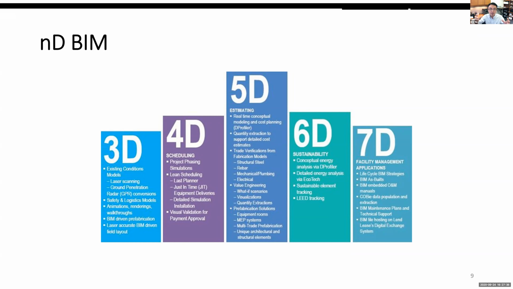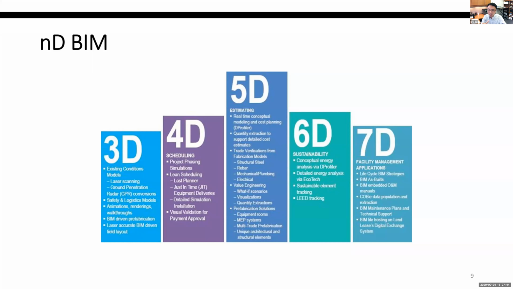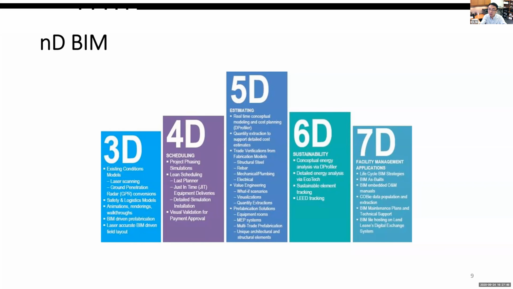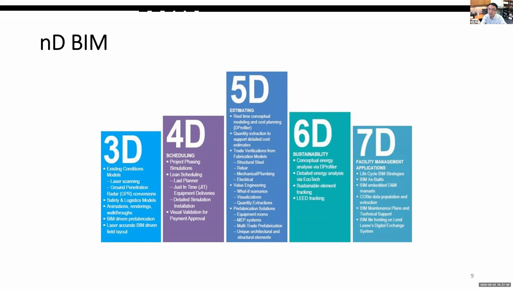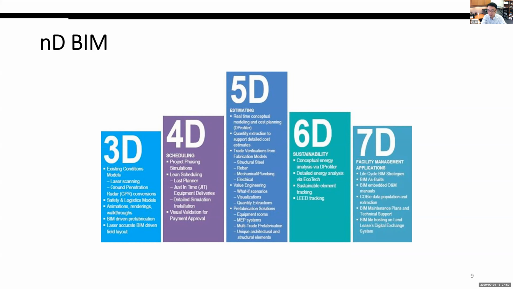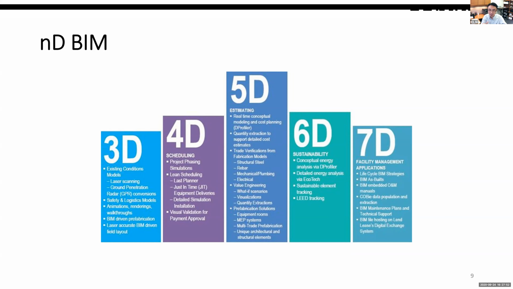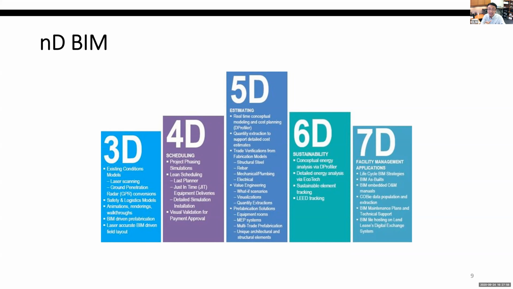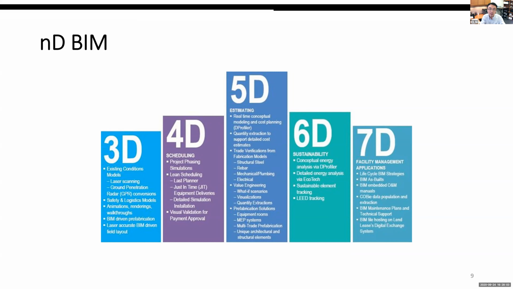Given your current GPS location and the sun path, we design a certain building and a certain orientation. This model can predict the energy consumption of your building. And so as a designer, you can change the facade design, or you can rotate your building in a different way. And you would be amazed at how much energy you can save just by rotating your building. That's sustainability. Very smart using BIM.